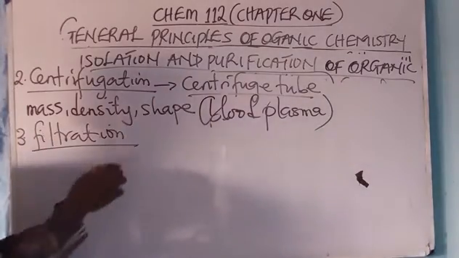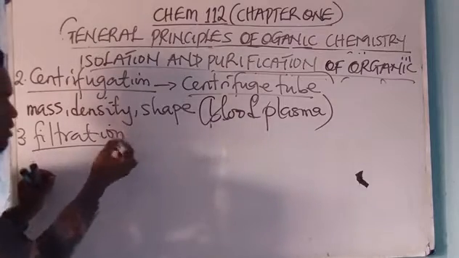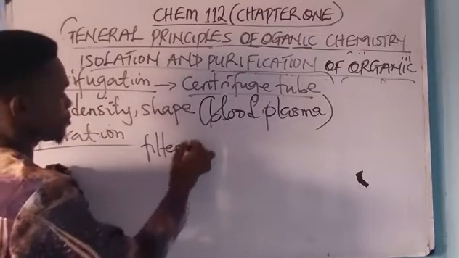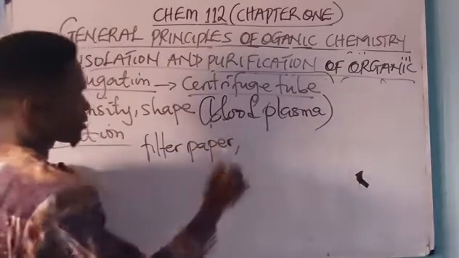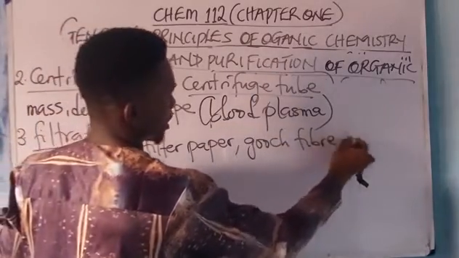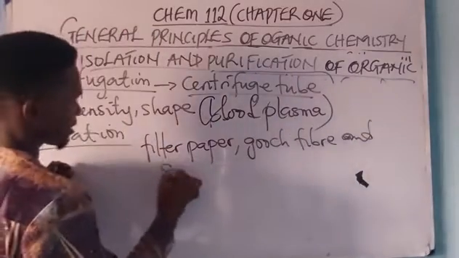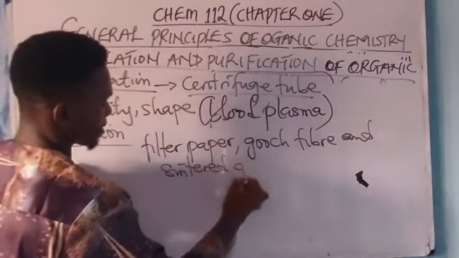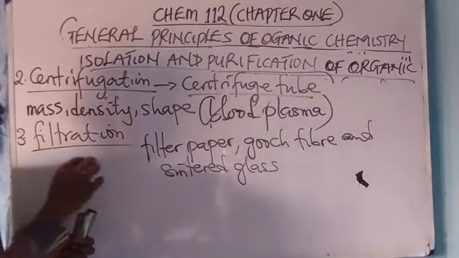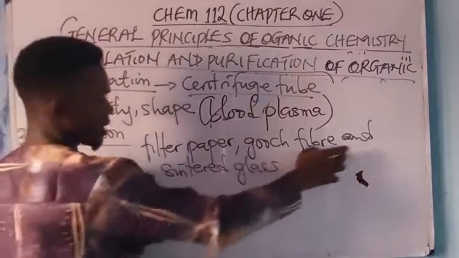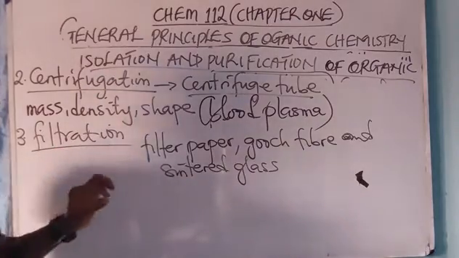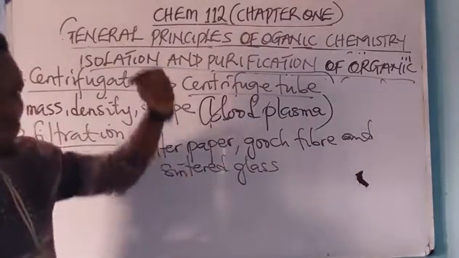During the process, the solvent is meant to pass through filter paper, gauze fiber, and sintered glass, which means that the filtrating units are actually filter paper, gauze fiber, and sintered glass. As soon as the solvent is passed through all of these, the solvent goes down.